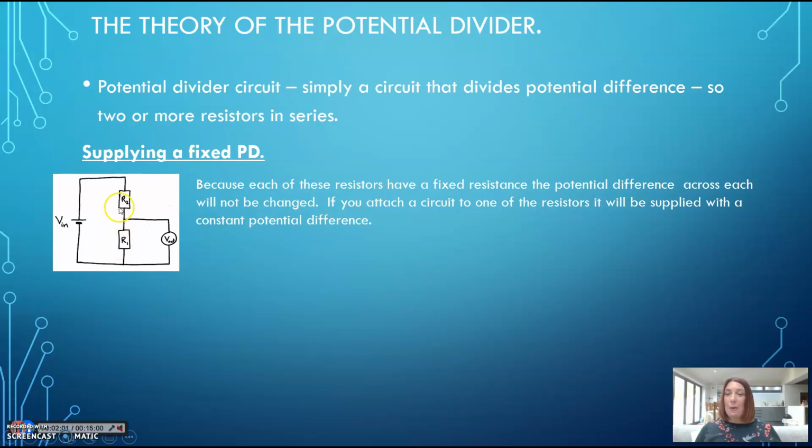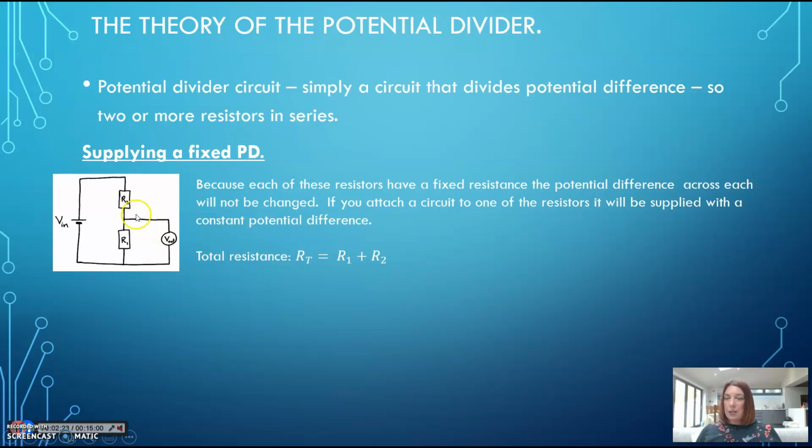For example, if they were both 10 ohms and this was 10 volts, they would have 5 volts each because they would share it equally. And the voltage here would always be 5. So if you attached a circuit to this, it would be supplied with a constant potential difference. If you attached a bulb to this, it would always have 5 volts.